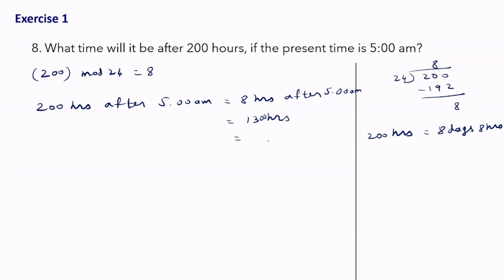Now this 13 hours is 1 p.m. If we convert this into 24 hours format, we get 1300 hours. That is 8 hours after 5 a.m., which is 1 p.m. So the answer is 1 p.m.